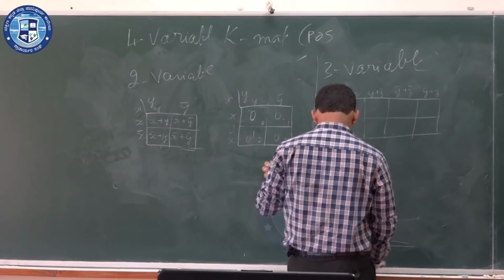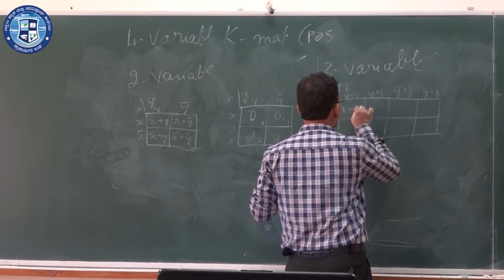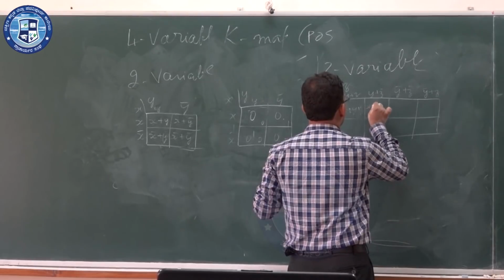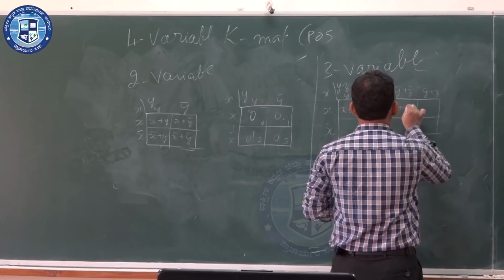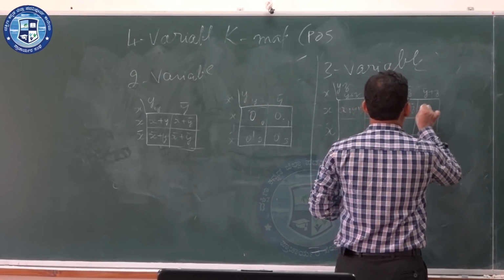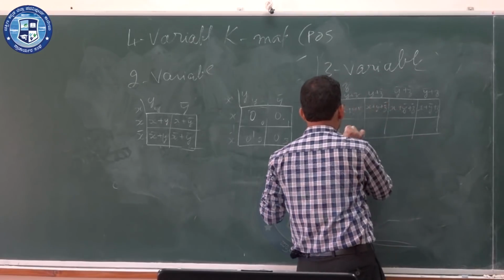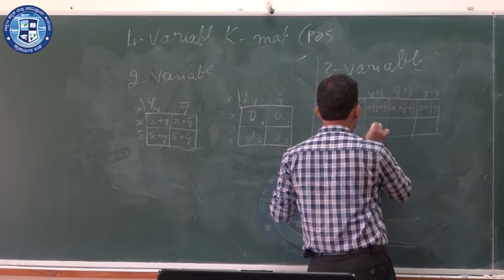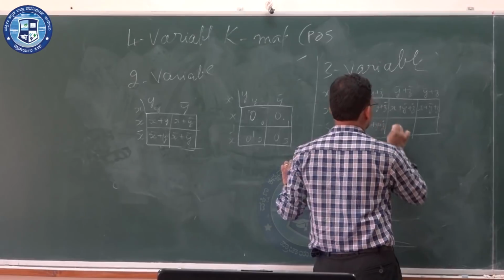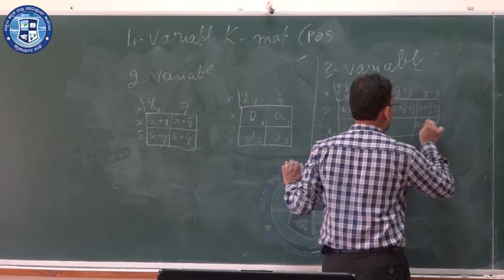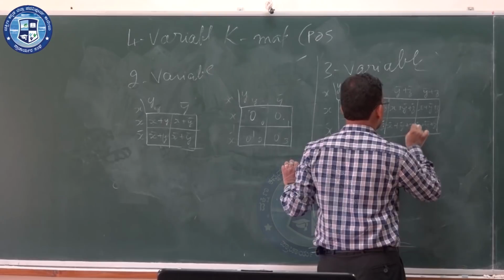So, writing in general: x plus y plus z, x plus y plus z bar, x plus y bar plus z, x plus y bar plus z bar, and here x bar plus y plus z, x bar plus y plus z bar, x bar plus y bar plus z, x bar plus y bar plus z bar.